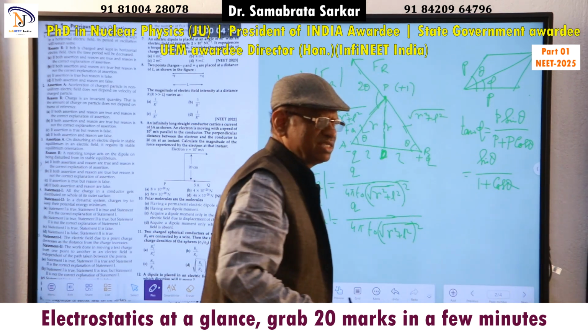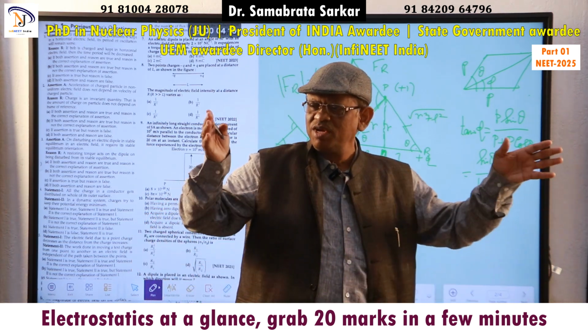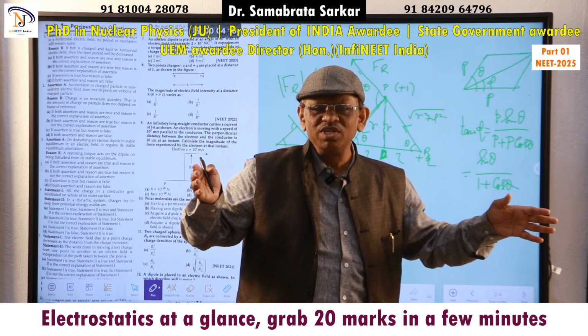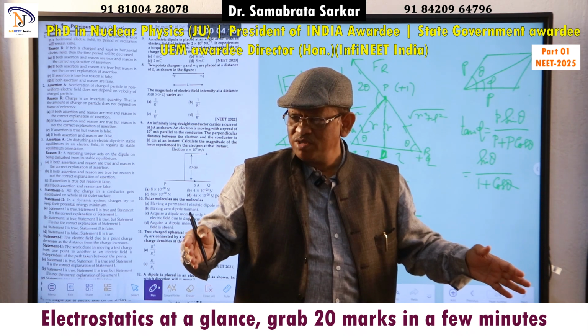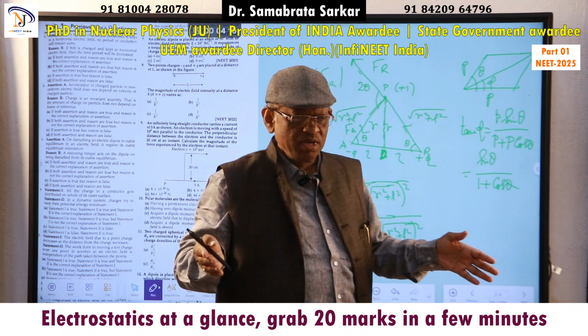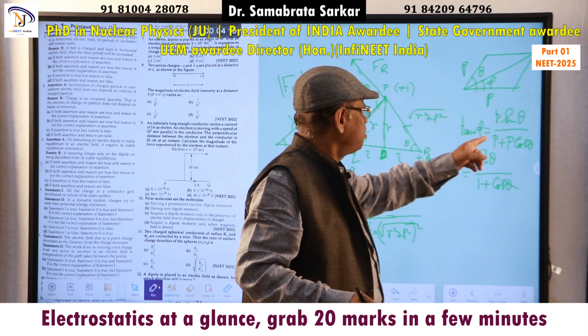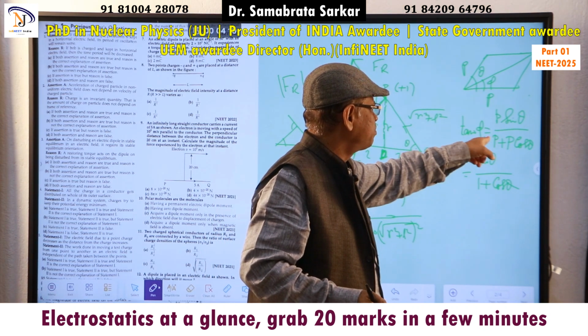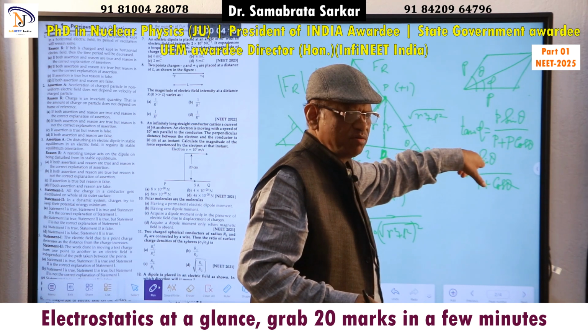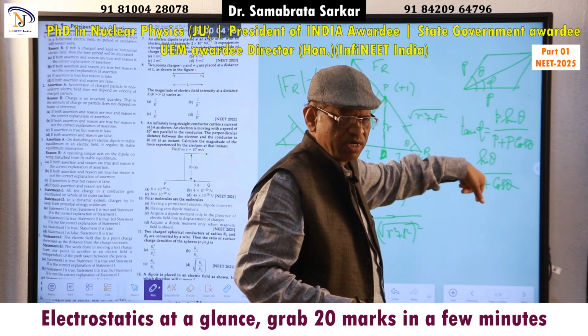You may think that, sir, you are going into details about the basic thing. Unless you know the basic thing, you cannot proceed. That is a great problem for you. That is why you always cram. And actually P will be cancelled out from both numerator and denominator. If you take P as common, then P will be cancelled out from both numerator and denominator.